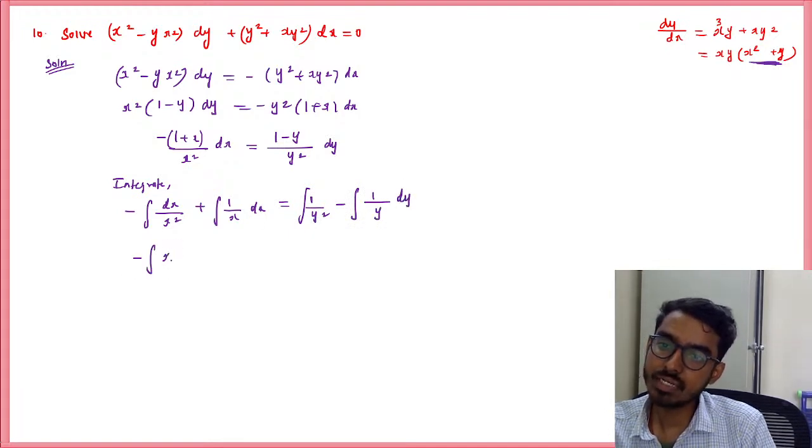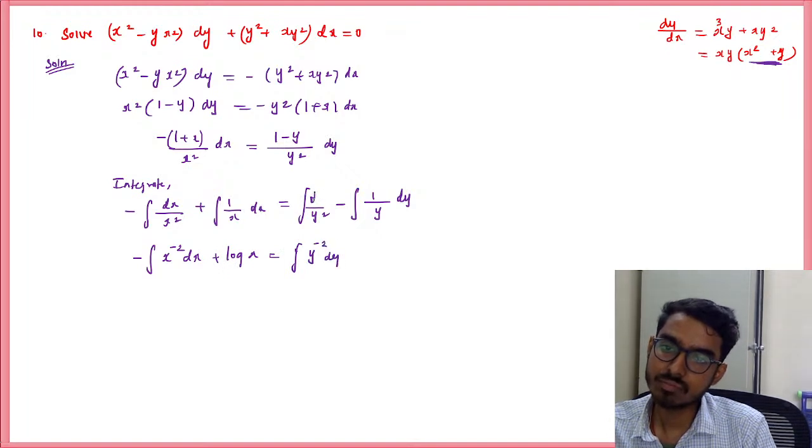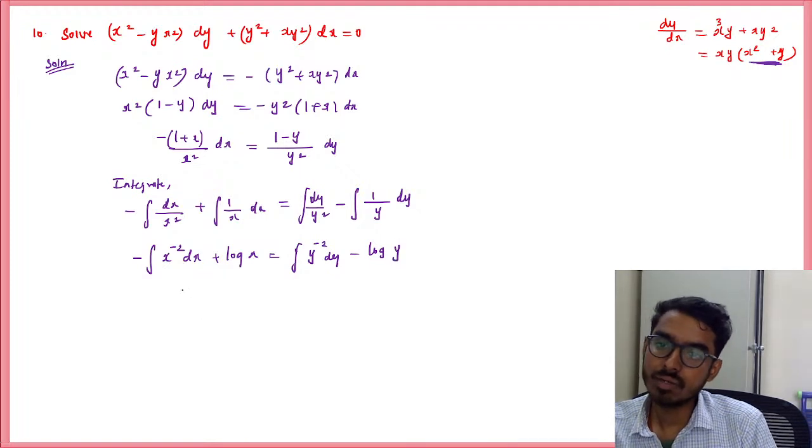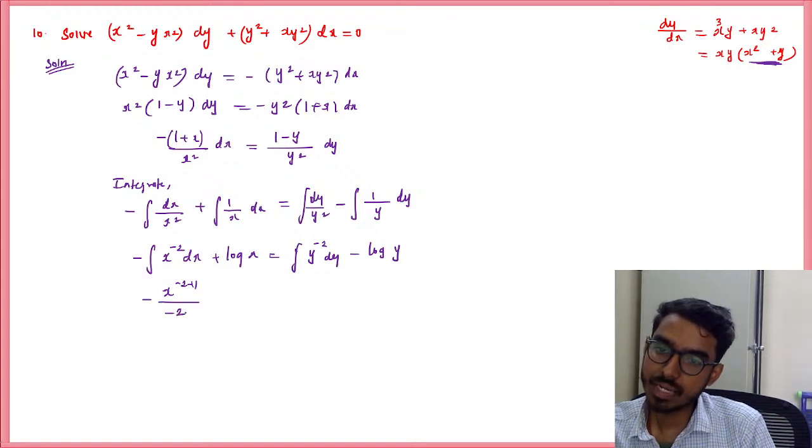This will be integration of x power minus 2 dx, and the integration of 1 by x will be log x; the integration of y power minus 2 dy, and 1 by y will be log y. So this will be x power minus 2 plus 1 by minus 2 plus 1.